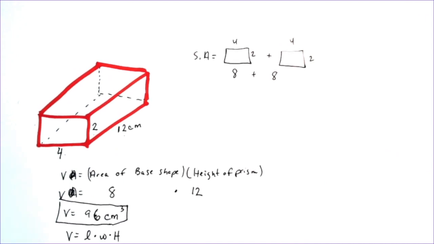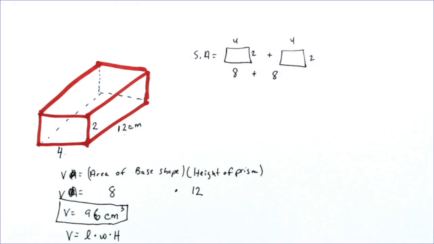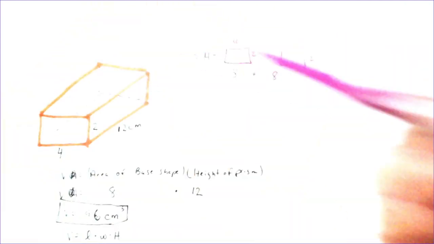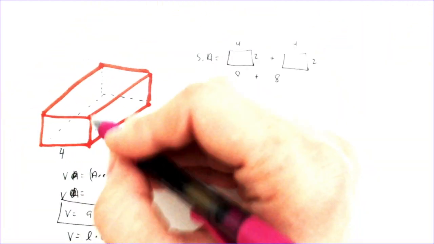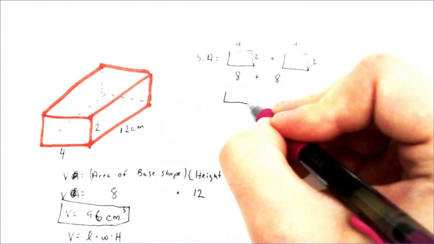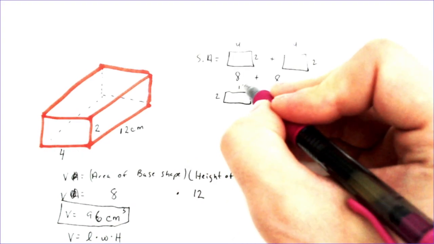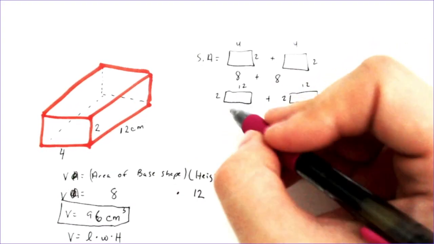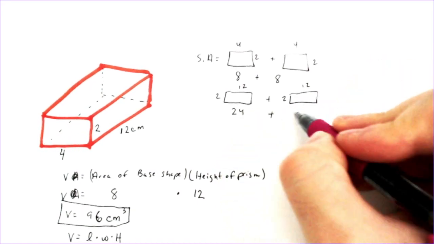But we also have the back rectangles, and by back rectangles I really mean like the left and right side. I shouldn't have said back. So left and right side would be a 2 by 12 rectangle. So if we take those, they're a little bit skinnier, 2 by 12 and 2 by 12 rectangles, those are both going to be 24.